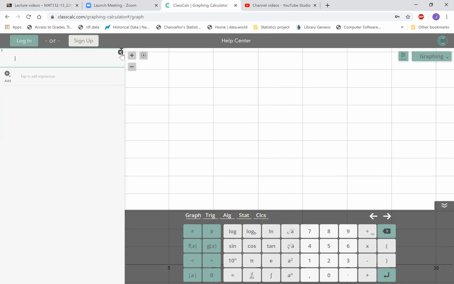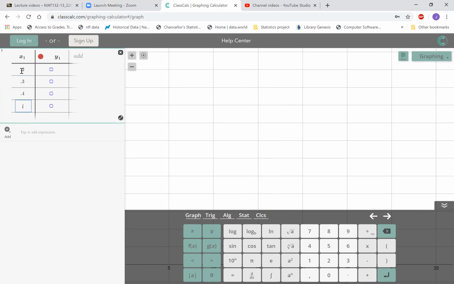All right, so in ClassCalc, I kind of found this out. If you hit this plus button, you can hit table, and then you can just enter this as a table. So you could do 0.20, 0.30, 0.40, 0.50, 0.60, 0.80, and then 1.1.